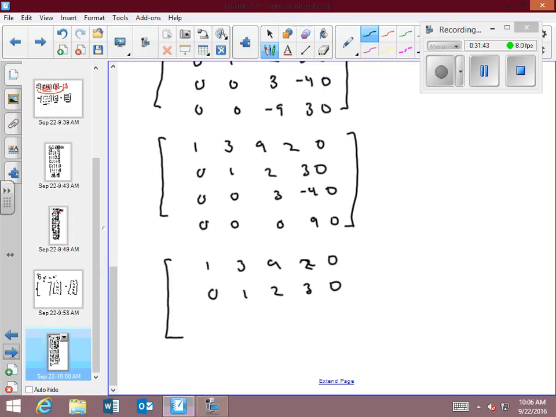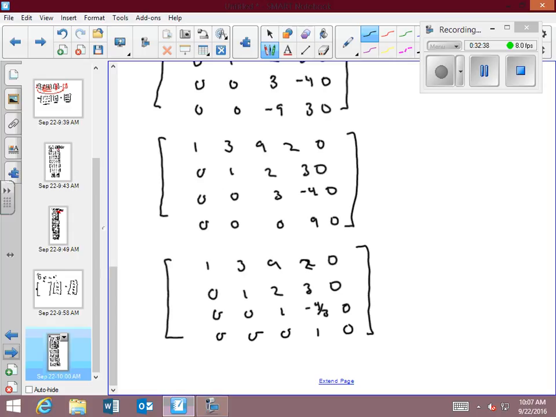Is that row right? 3, minus 4, 0. I want to get that to be a 1. I'll divide this one by 1, 9, 5. But that don't look good. Is it right at that point? You think so? Are we good? That's good. Okay.